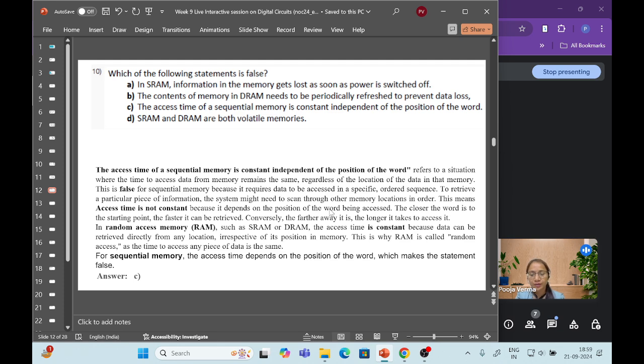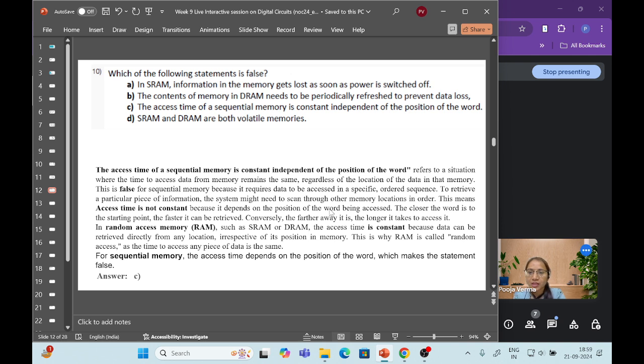We have already seen that SRAM is a volatile memory, so when the power is gone, the content of the memory is lost. This one is correct.